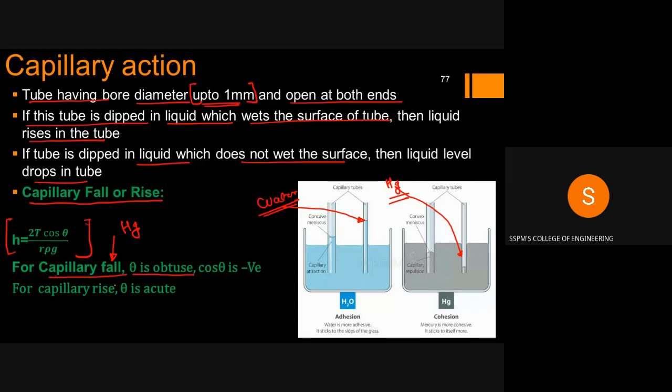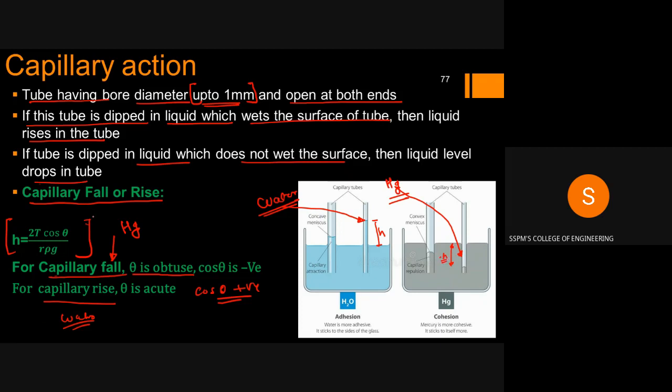For capillary rise, this is for water or any other liquid that wets the glass tube. Theta is an acute angle, so cos theta is positive, and h will be positive. h is measured with respect to the free surface of the liquid, and in case of capillary fall, it is negative h.